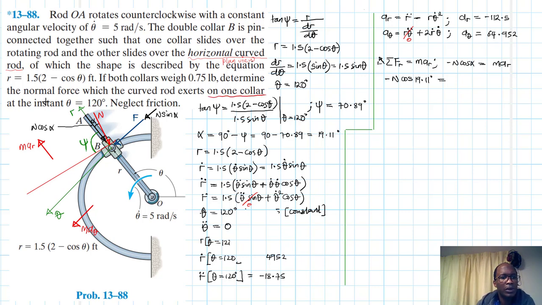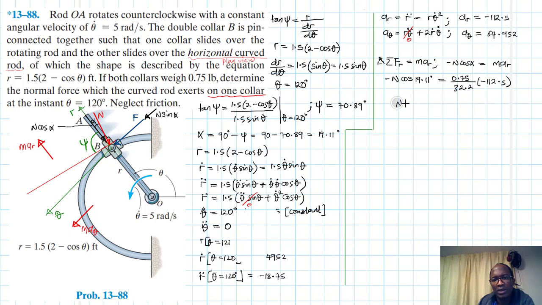Okay, the normal force which the curved rod exerts on one collar at this instant, and one collar weighs 0.75, and we are dividing it by the acceleration due to gravity, that we convert it to mass, then times the acceleration in the other direction.